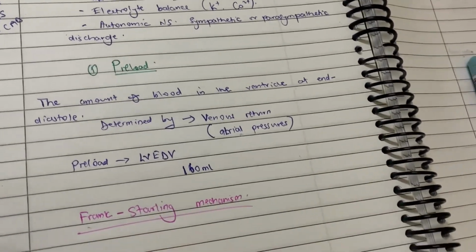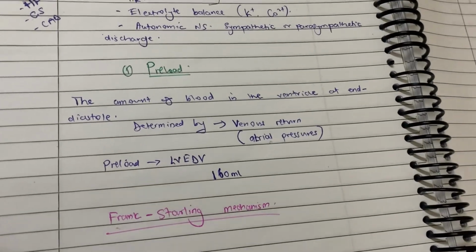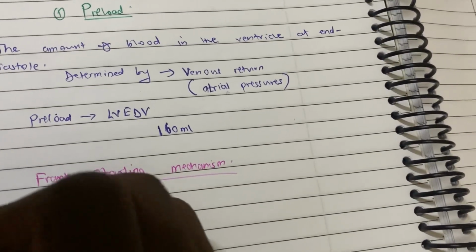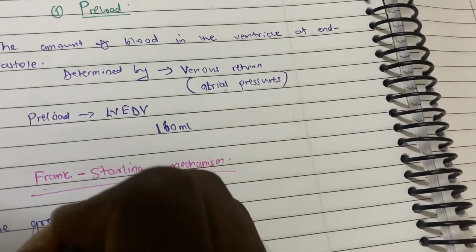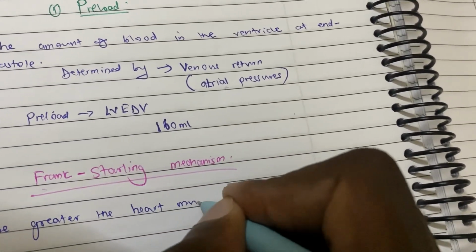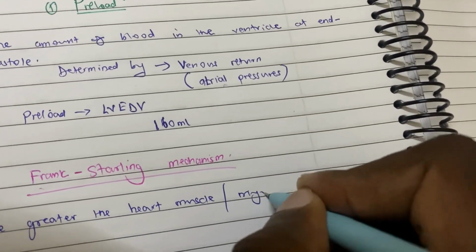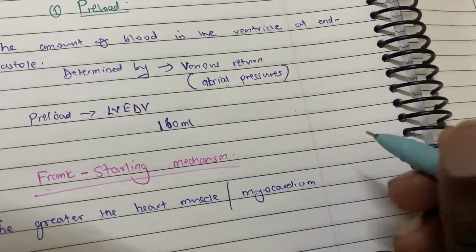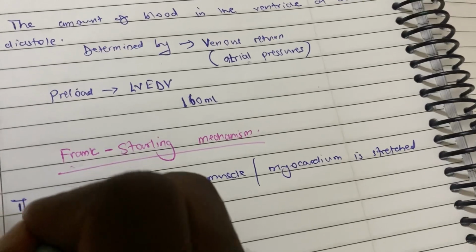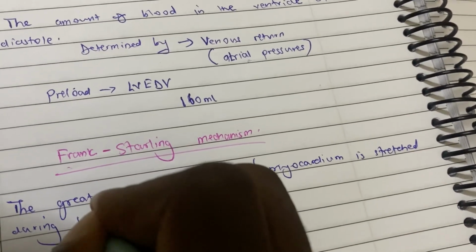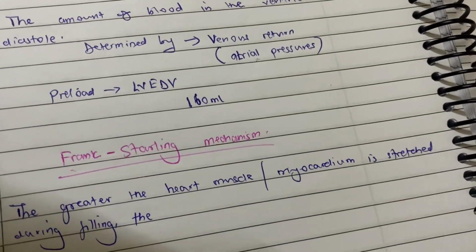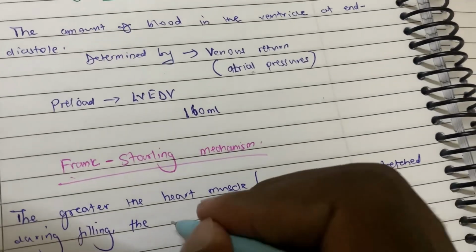Frank Starling mechanism states the greater the heart muscle, myocardium, is stretched during filling, the stronger the force of contraction, or the greater the force of contraction.